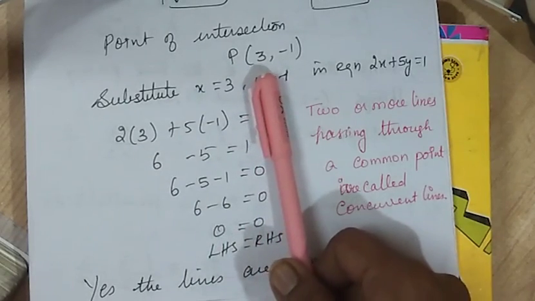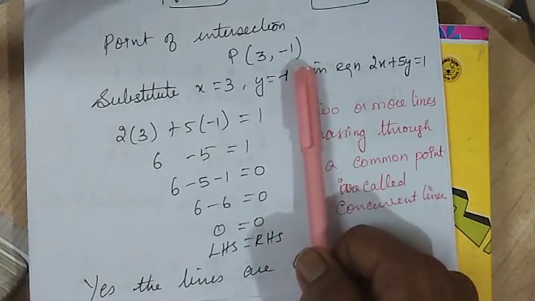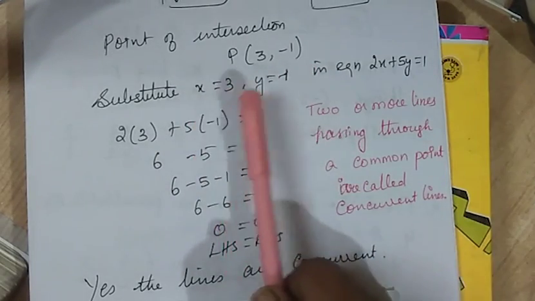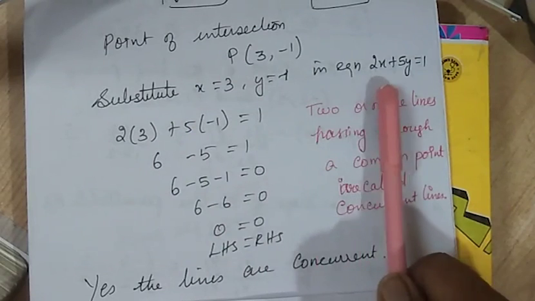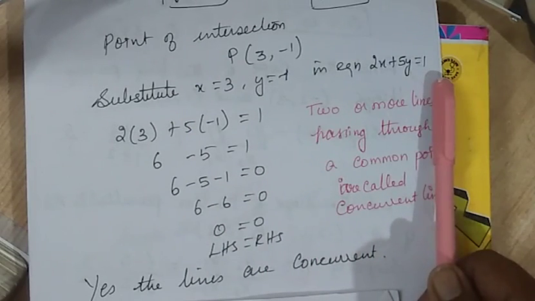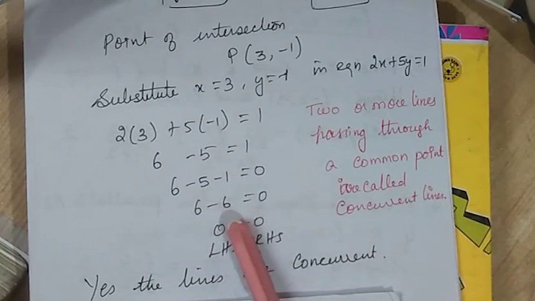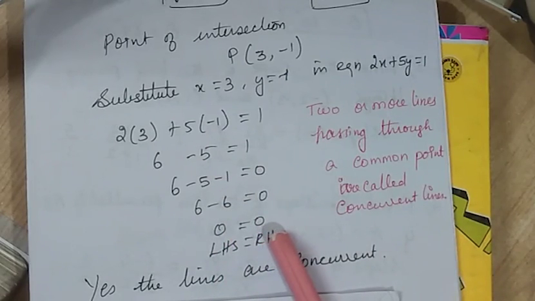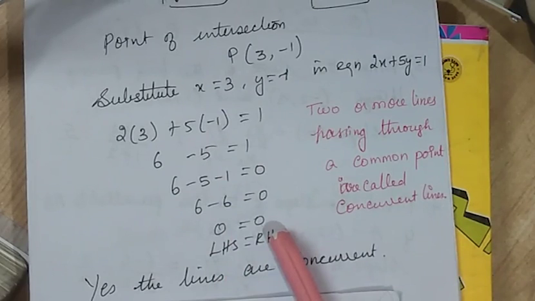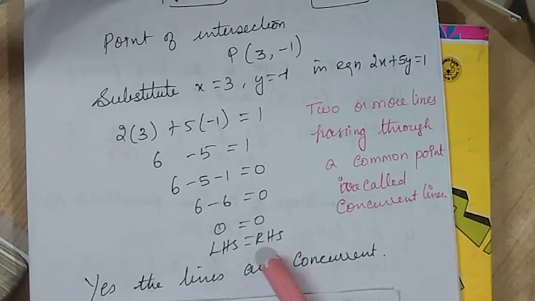Take x is equal to 3 and y is equal to minus 1. Substitute x and y values in the equation 2x plus 5y is equal to 1. Now solve it. Left hand side you will get 0 and right hand side you will get 0. So left hand side is equal to right hand side.